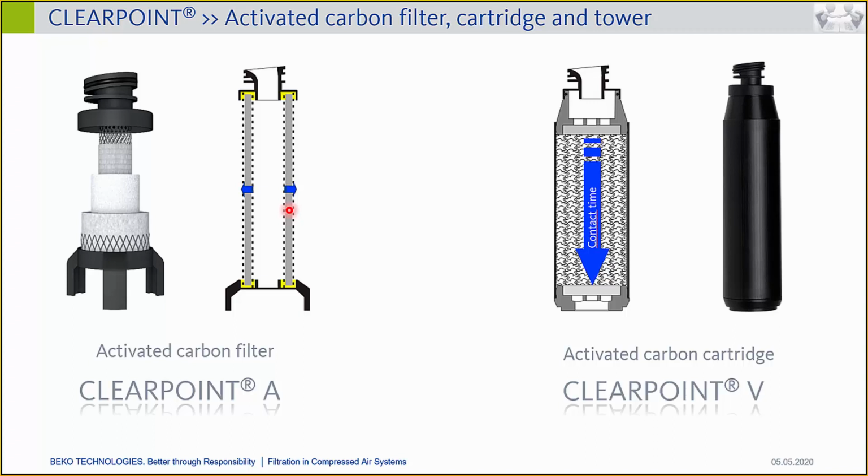And if we take as an example the flow rate of, let's say, 100 cubic meters per hour or 60 cubic feet per minute, then the resulting activated carbon mass of the filter element would just be 22 grams or 0.78 ounce. Comparing to this, the activated carbon cartridge has a more than 10 times higher amount of activated carbon inside.